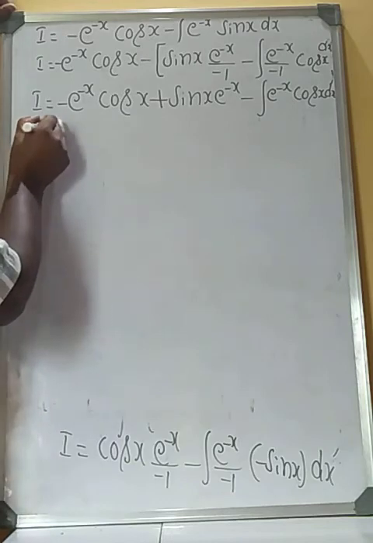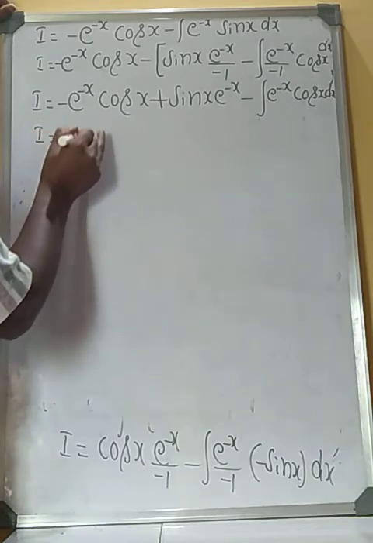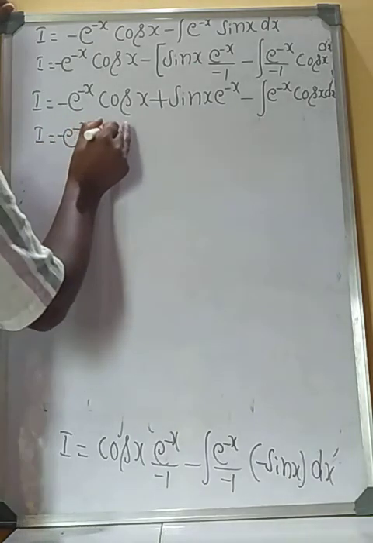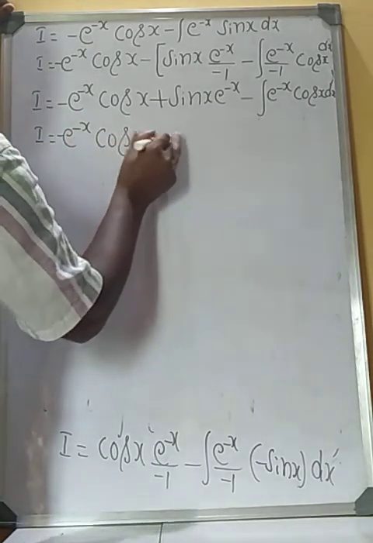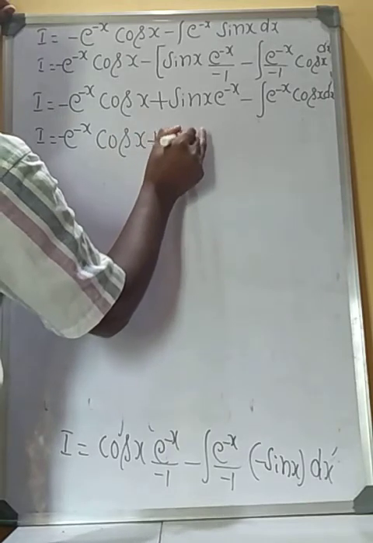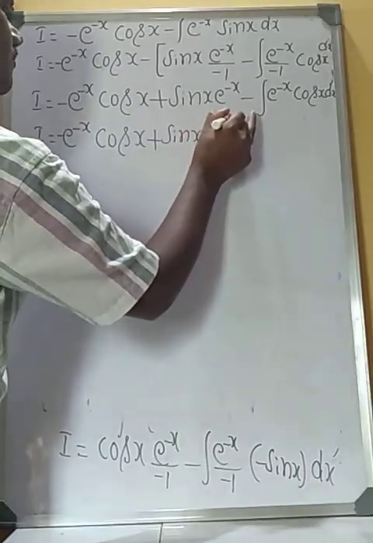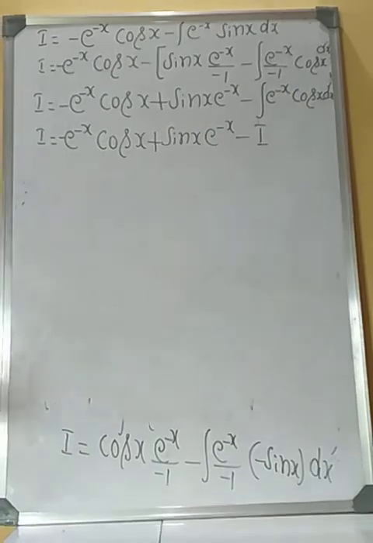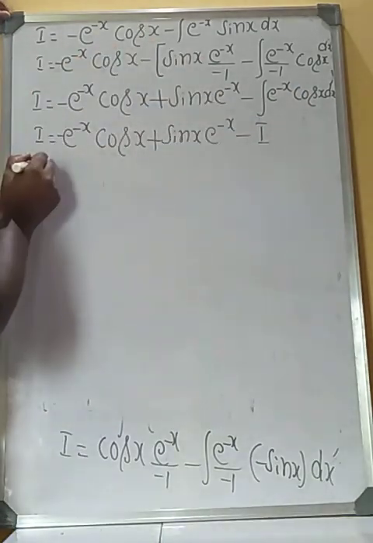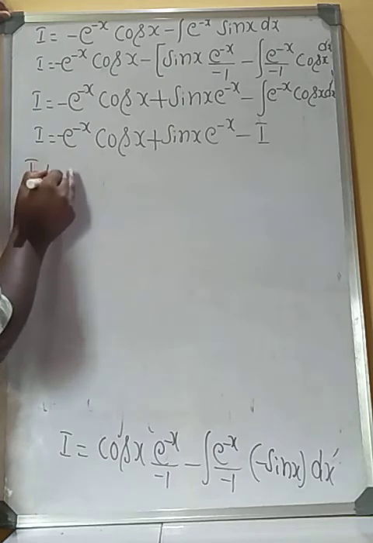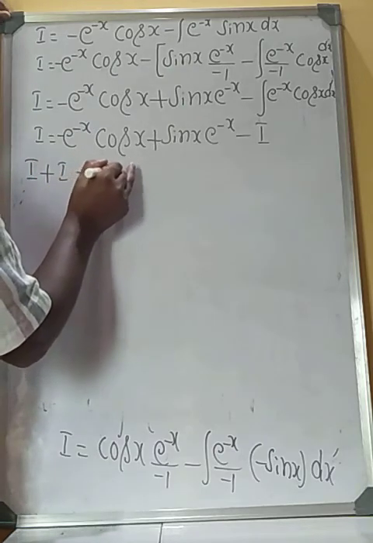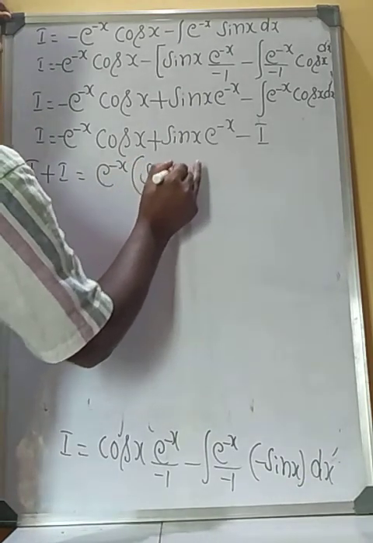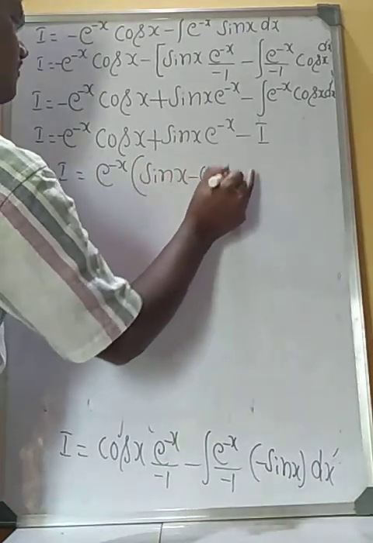So therefore, I is equal to e power minus x into cos x plus sin x into e power minus x, minus I. Transpose to left, I plus I is equal to, e power minus x is common, sin x minus cos x.